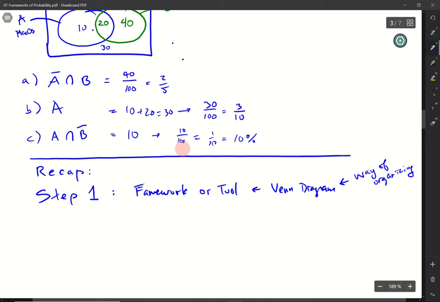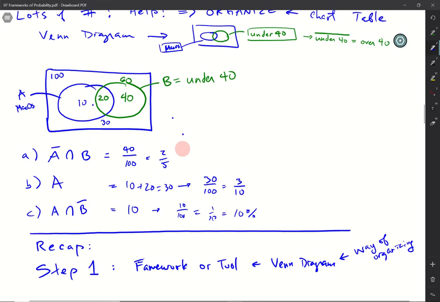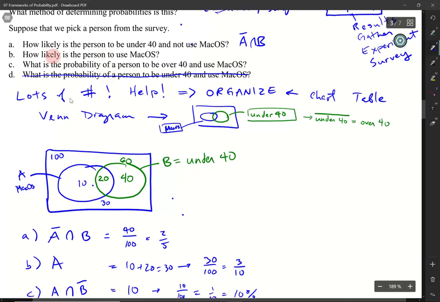Okay, so what kind of a problem is this? Is this a cost volume profit? No. Is this a time value of money? Well, no. So what else? It's a probability problem. Okay, so it's about these probabilities. This and that.